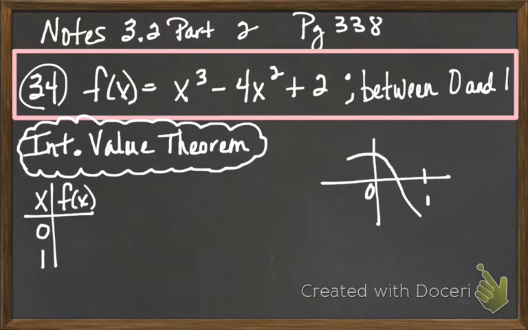And if you're plugging in 0, please tell me you can do that in your head. When x is 0, what will f of x be? Don't use your calculator for 0. It's going to be 2. Because both of the x terms, if you put in 0, will go away and you'll just have that 2. If you want to do the 1, you can, but I believe a lot of you could substitute 1 in your head and figure out what f of x would be.